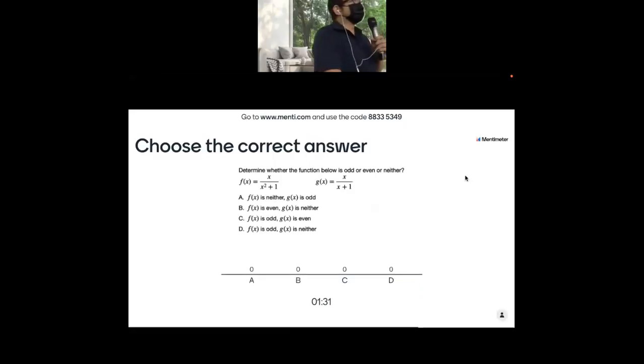Odd, even, or neither. I already gave the options. You can choose which one makes the most sense. Remember what odd functions and even functions are. It's related to what happens when you put a negative variable inside.